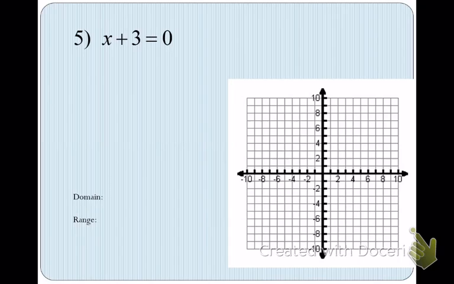How about here? Okay, how about here? So we see an x in there, so it's a situation where we're going to use VUX. So it's going to be a vertical line. The slope is going to be undefined.